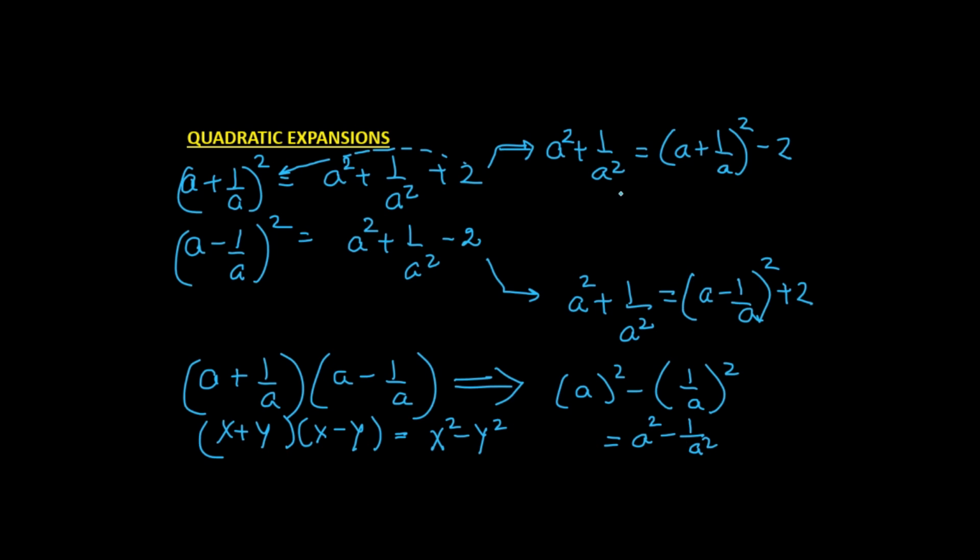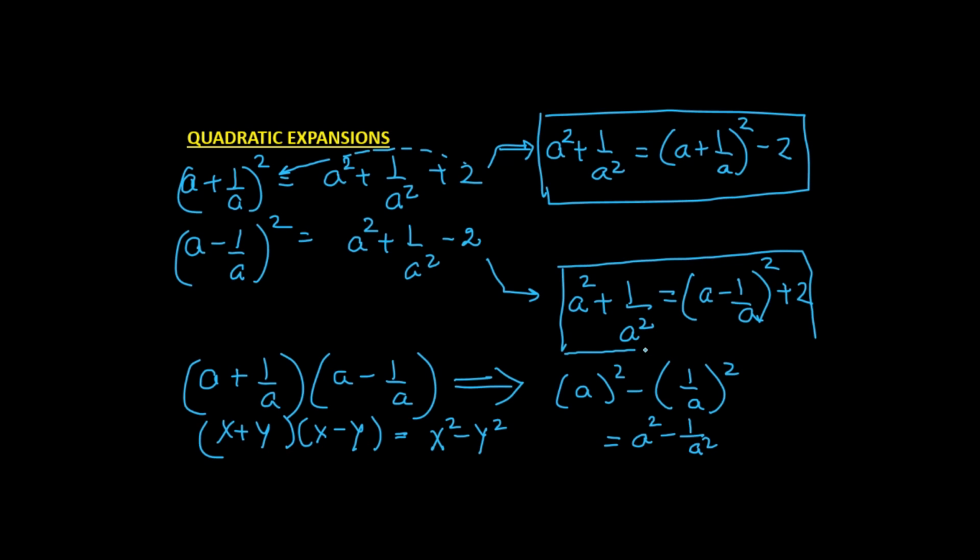So we have learned the expansion of a square plus 1 by a square in terms of a plus 1 by a, and in terms of a minus 1 by a, and we have also learned that (a + 1/a) into (a - 1/a) is a square minus 1 by a square. So these are some of the quadratic expansions which we need to know.